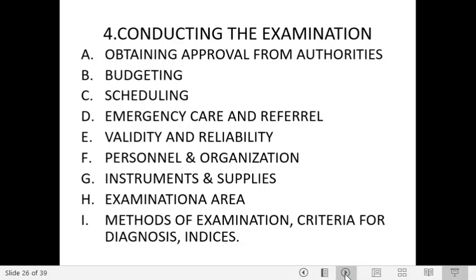Then the criteria for diagnosis, how exactly to define caries as present or absent, which index you are going to take for which disease. For caries, you can choose a DMF index. For periodontal index, you can use either community periodontal index of treatment needs or RPI. It depends on the surveyor.